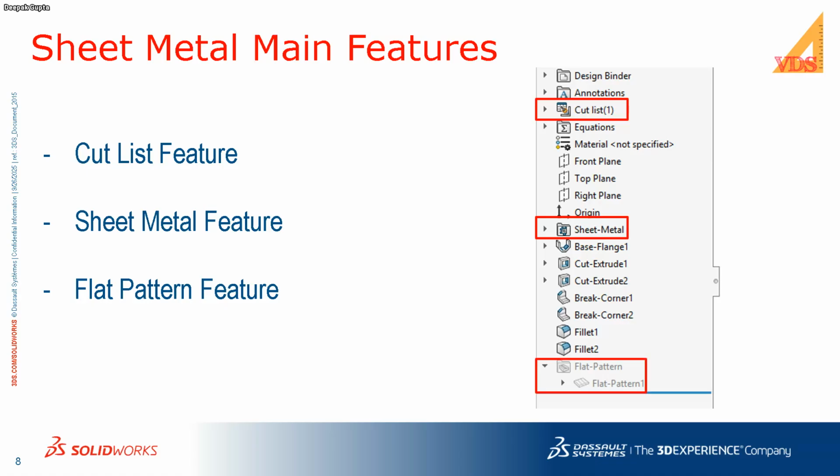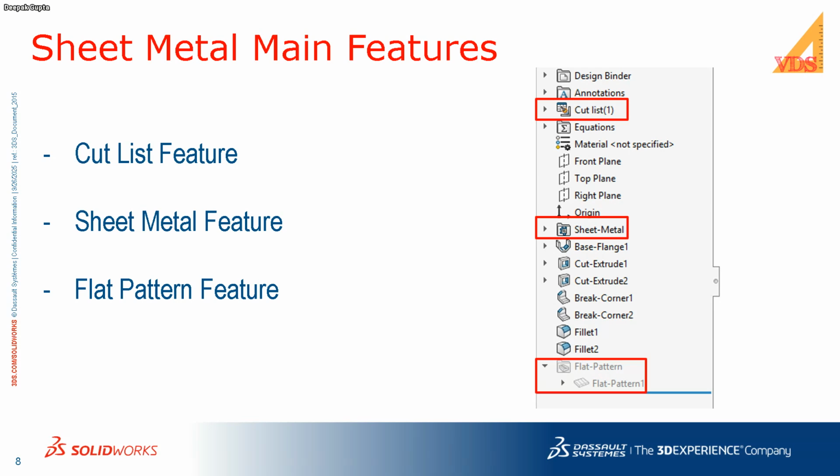The cut list basically has the different properties related to the sheet metal. The blank size is available directly in the cut list, the thickness, the blank area, the length, width, and a few more properties.